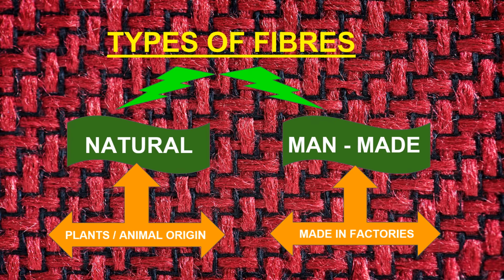Types of fibers. Students, there are two types of fibers, natural fibers and man-made fibers. Sources of natural fibers are plants as well as animals, and man-made fibers are made in factories.